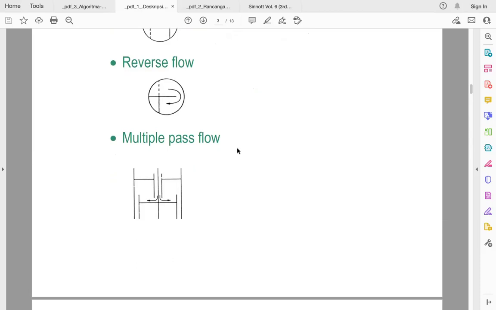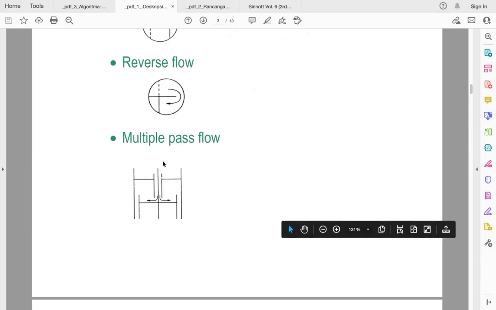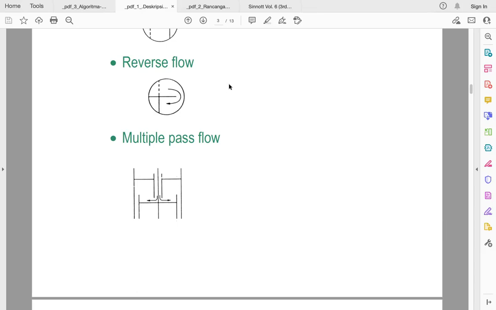Even for one flow there are two paths, from the center going to the corner of the diameter, and on this side also going that way. But usually for the design, for the diameter, we usually use the single path flow. The single path flow, reverse flow, or multipath flow all have different configurations and also different calculations.